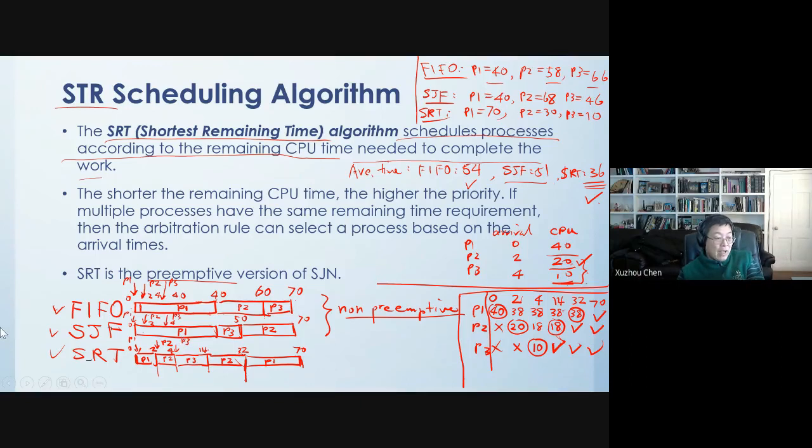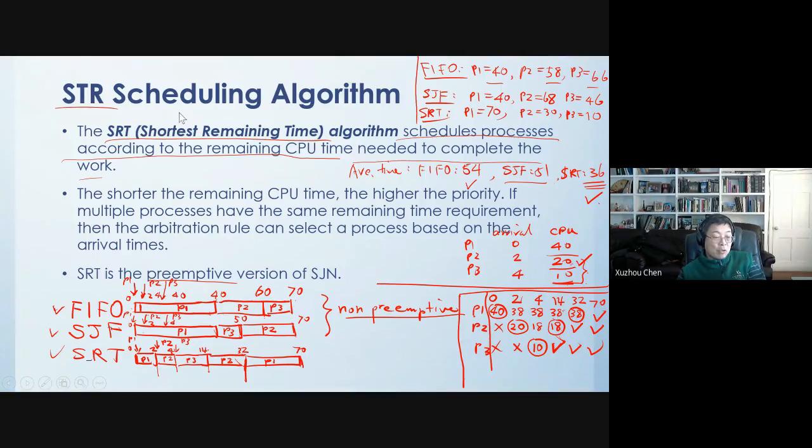However, P1 still arrives first and executes first. Remember, shortest job first is not preemptive. So that's the reason why process 1 still takes most of the CPU time first, forcing P2 and P3 to wait for a longer time. So that's why the improvement is not really that big.